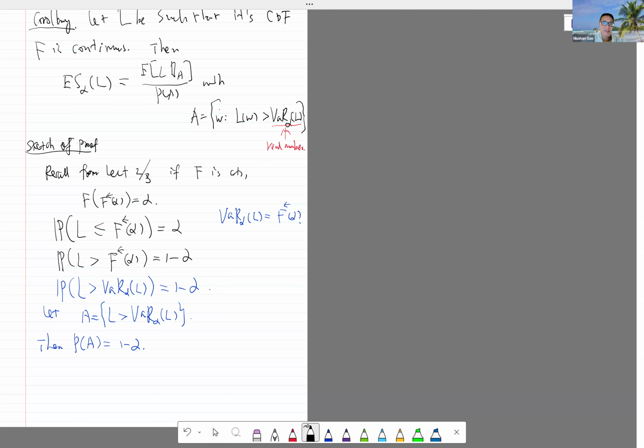This is not true for discrete random variables. It's only true for continuous random variables.